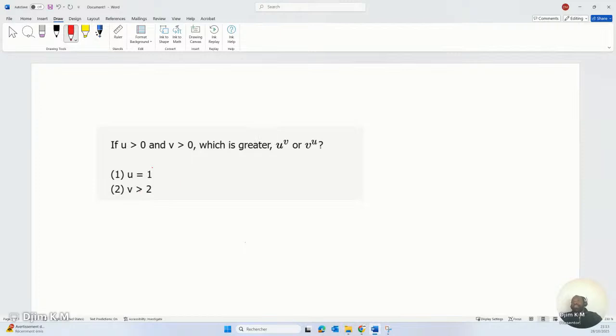It simply says that u is greater than 0. And we need to find u to the power v greater than v to the power u.